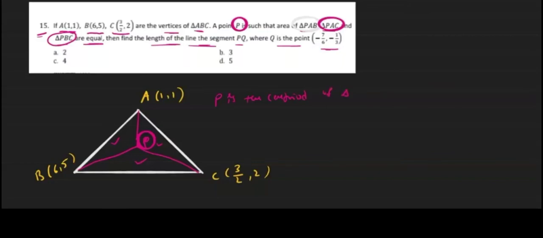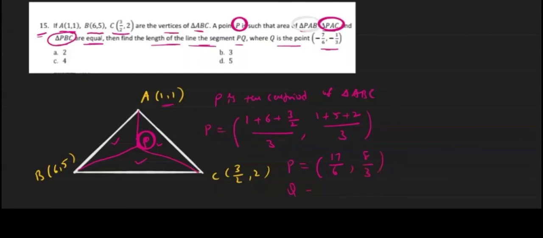Centroid of triangle ABC. Then we know how to find the coordinates of the centroid: (x1 plus x2 plus x3) by 3, (y1 plus y2 plus y3) by 3. Apply the formula: (1 plus 6 plus 3 by 2) by 3, (1 plus 5 plus 2) by 3. That is, P coordinates are (17 by 6, 8 by 3).